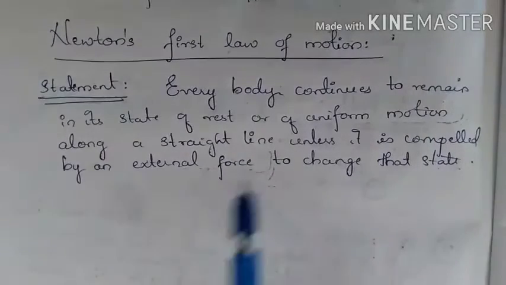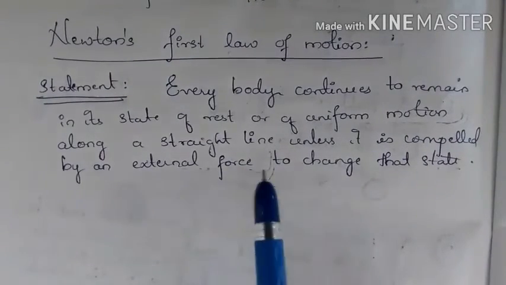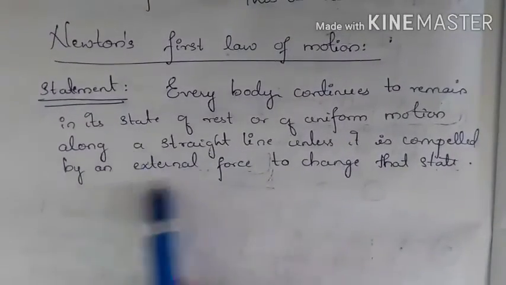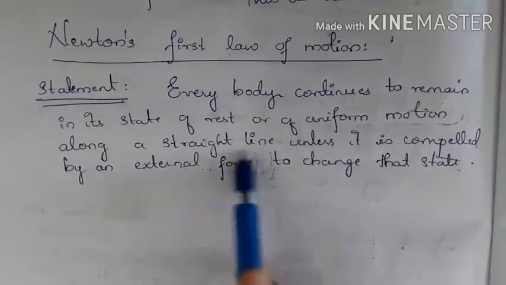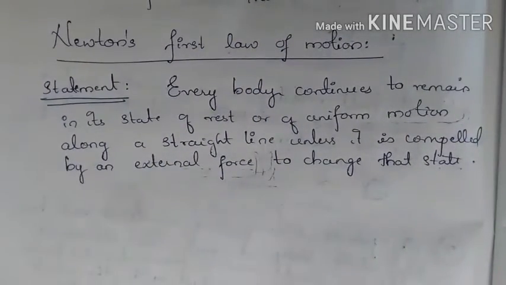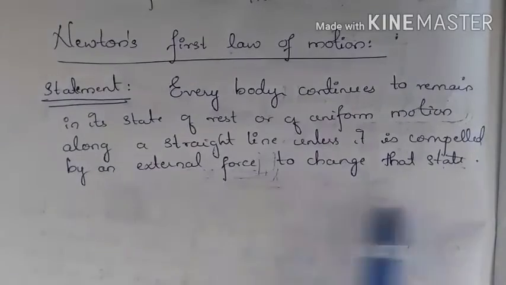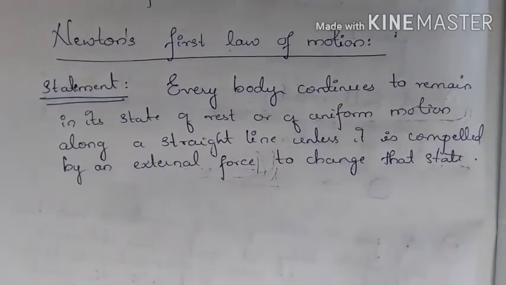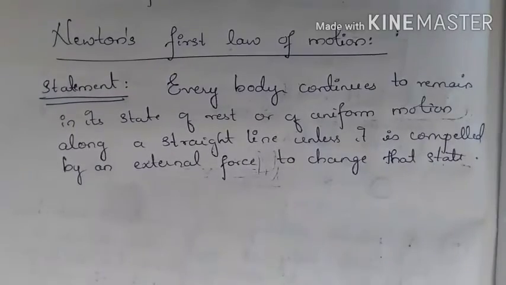A body will have acceleration only if there is a net external force. So if external force is 0, the acceleration of this body will be 0. Hence there will be no change in the state of the body. So this is Newton's first law of motion.